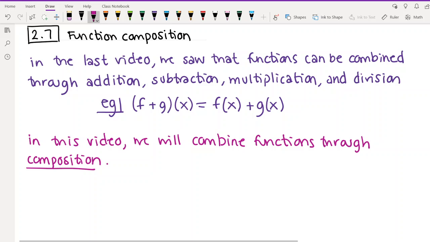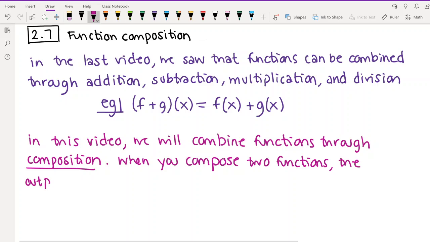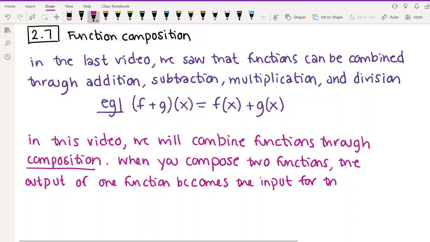I'll get a little bit more specific about what that looks like in a second, but to briefly summarize it in words, when you compose two functions, the output of one function becomes the input for the other. Another way of thinking about it is that you're plugging one function into another function.